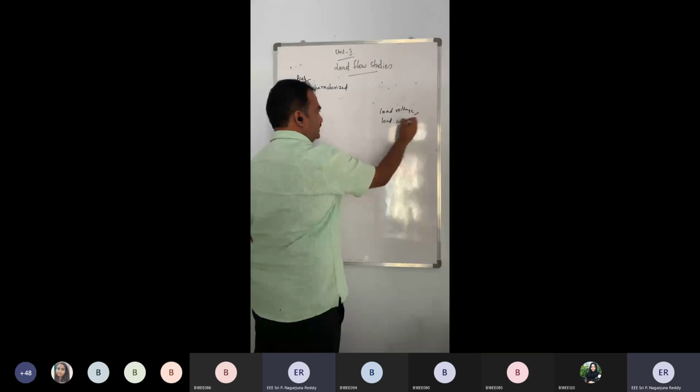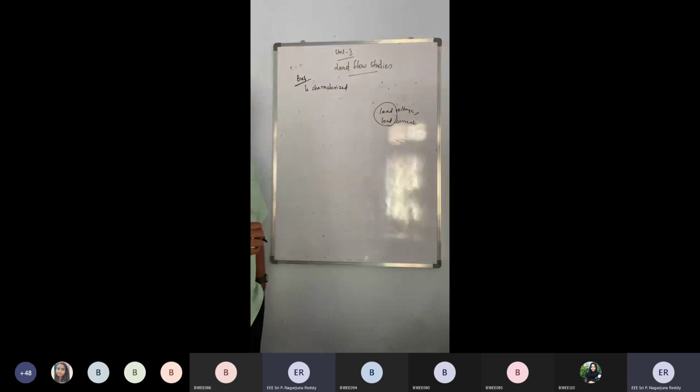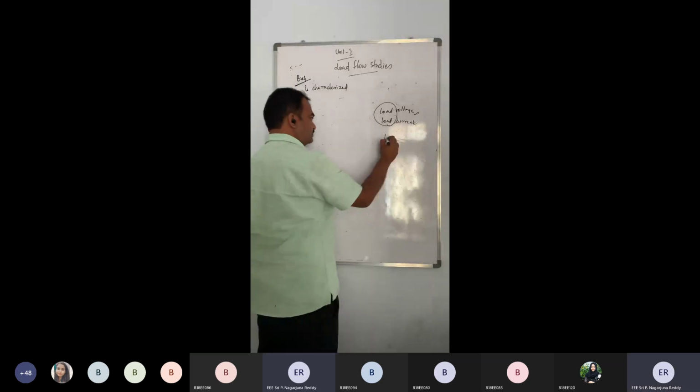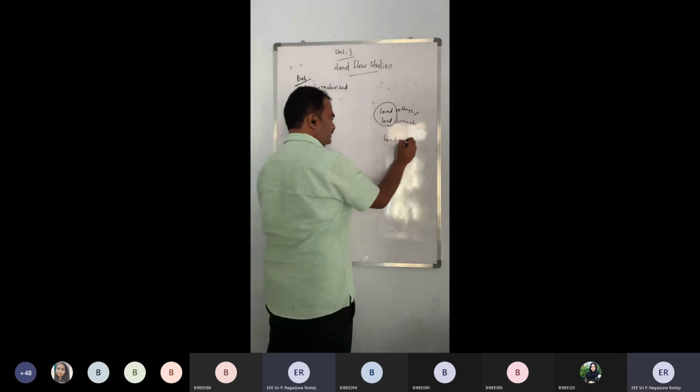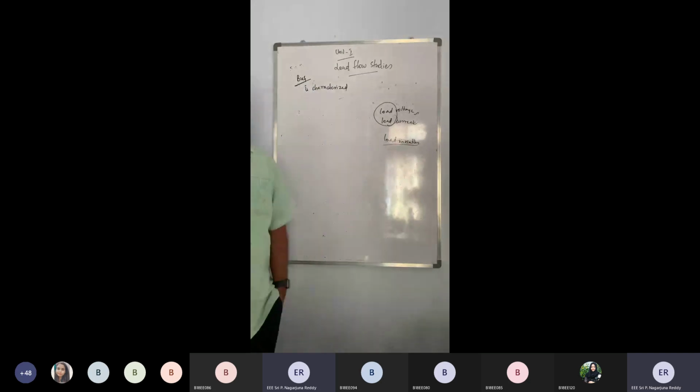Then this voltage and current are called attributes, or variables, of this load. These are called load variables. If somebody asks you what the load variables are in electrical engineering, they are voltage, current, frequency, power, and so on. All these come under the variables of electrical quantity.